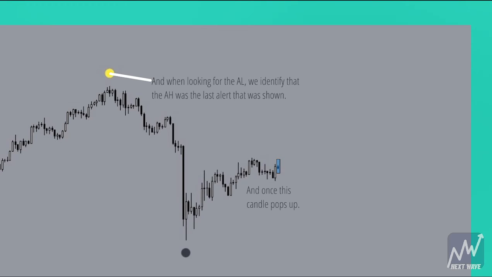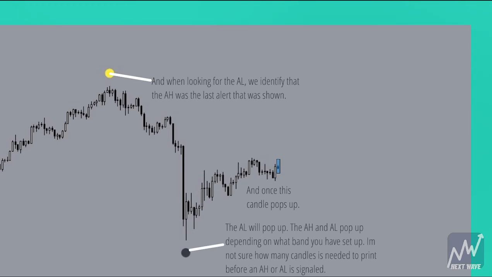And once this candle pops up, the absolute low will pop up. The absolute high and absolute low pop up depending on what band you have set up. I'm not entirely sure how many candles is needed to print before an absolute high or absolute low is signaled.